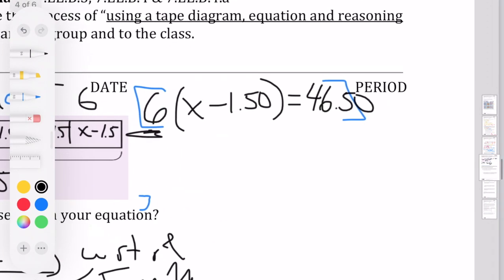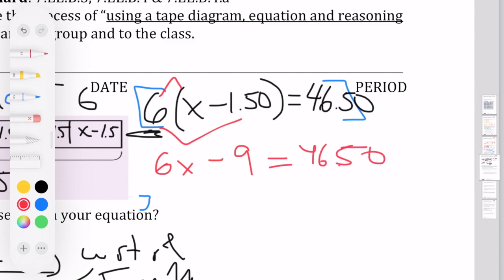Now, how do I solve this? I could divide by 6 right away, or I could distribute it out, and since we haven't done a ton of distributing today, I'm going to go ahead and distribute it out to give us some good practice. So 6 times x is 6x, 6 times negative 1.50 is negative 9, so 6x minus 9 equals $46.50.